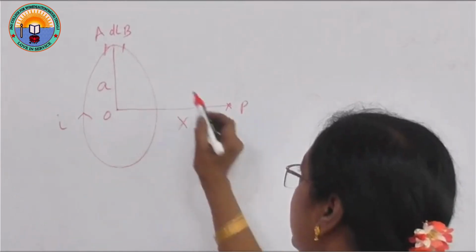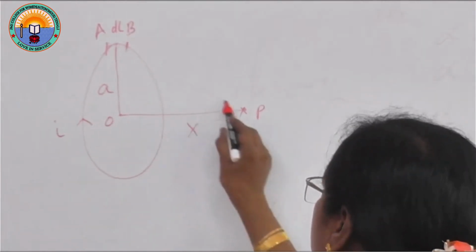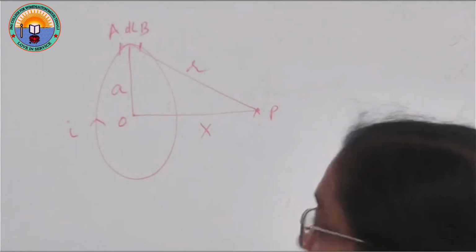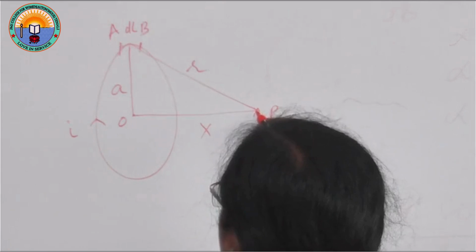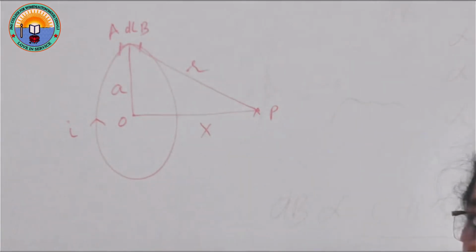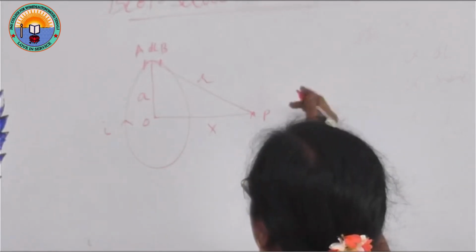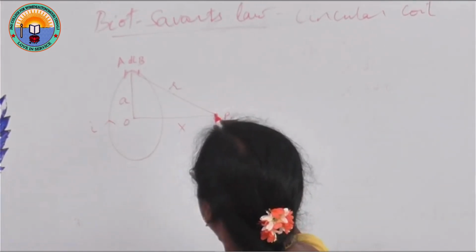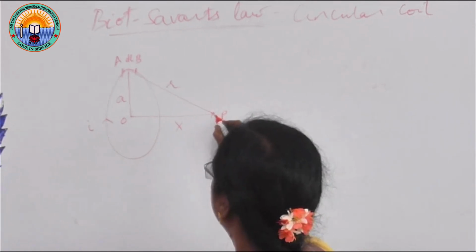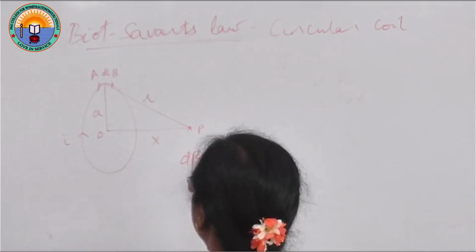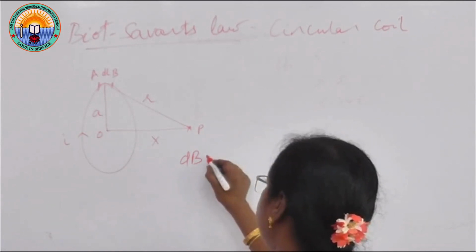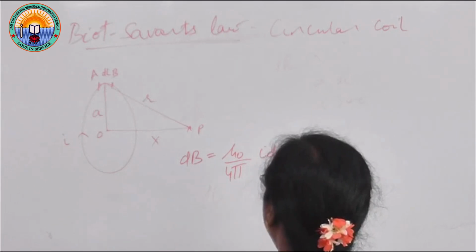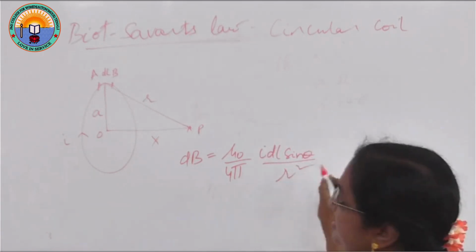This element is at a distance r from point P. At point P, we have to find the magnetic induction. According to Biot-Savart's law, we can write dB is equal to mu naught by 4 pi I dl sin theta by r square.